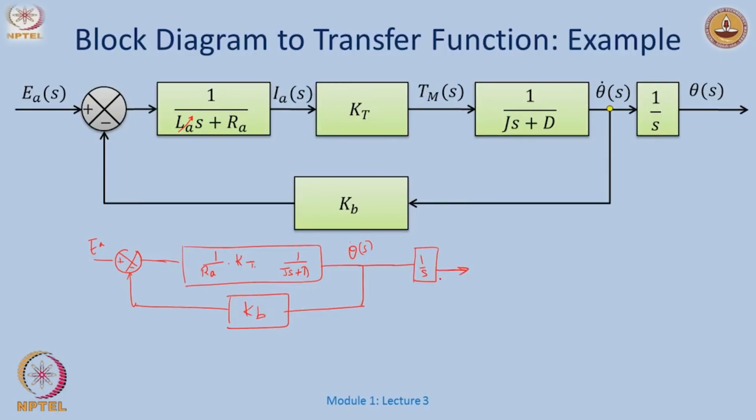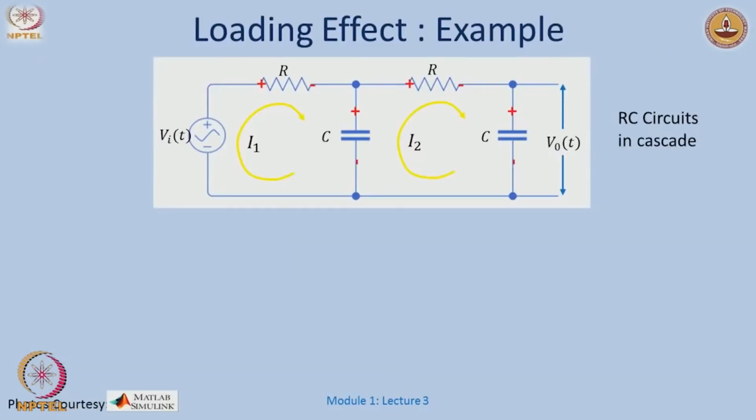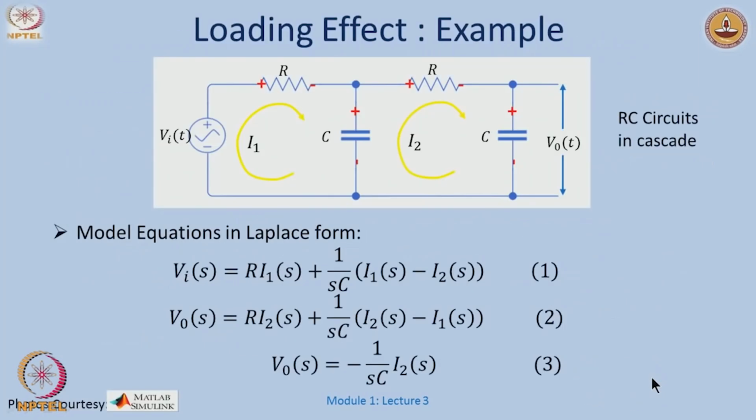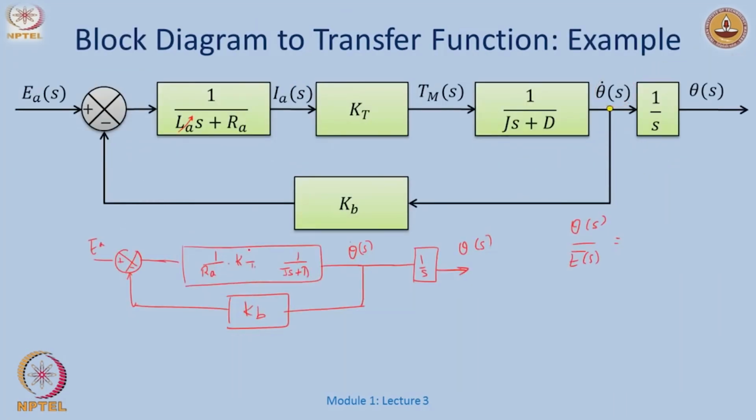So now how do I write the overall transfer function as the ratio of the output displacement to Es? I will just recall what properties I learnt about the block diagram earlier. Here I have g of s, h of s, is g over 1 plus g times h. So I go back to my block here. Let me call this g of s, I call this h of s.